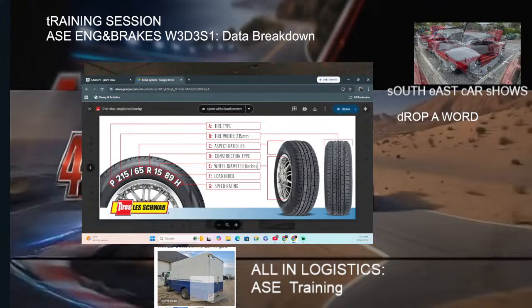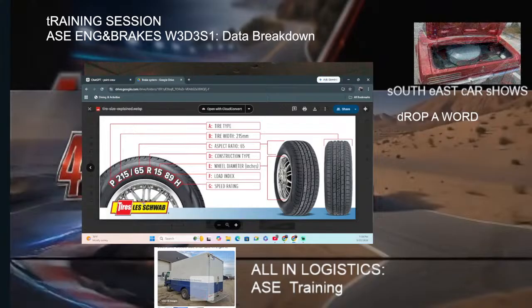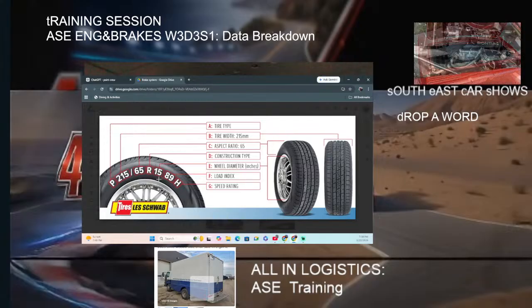So looking at it, the first letter represents the tire type. The next three digits represent the width of the tire. The 2 digits after that are the aspect ratio. The next digit is the construction type. I'm assuming R is for radial. Then the next 2 digits represent the wheel diameter, meaning that if they say they're sitting on 20s but the tire says 18s, they're not 20s, they're 18s.